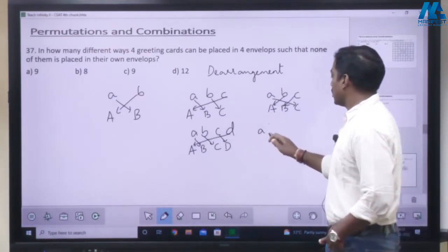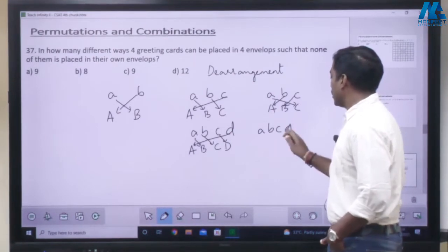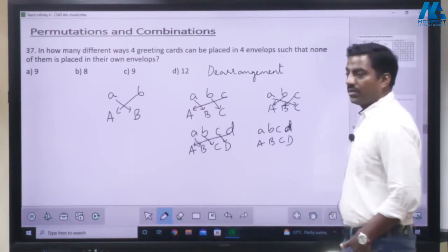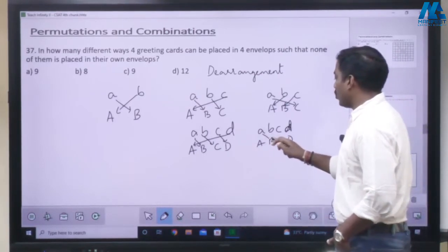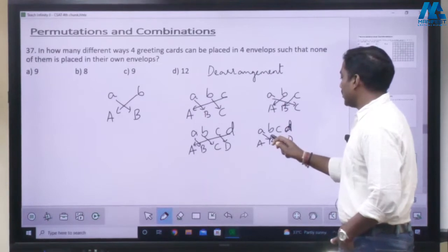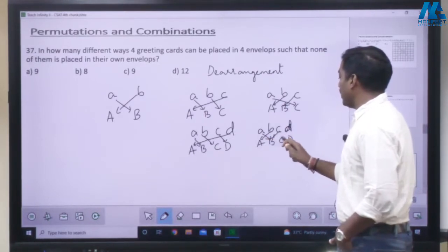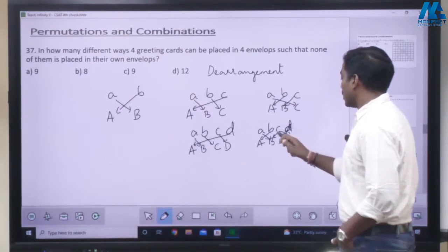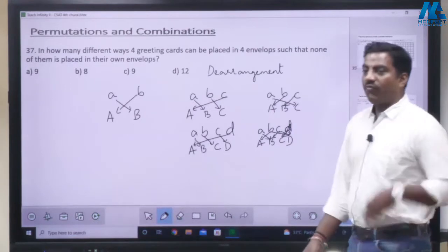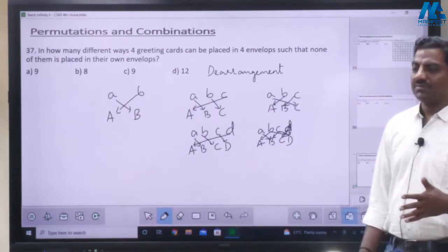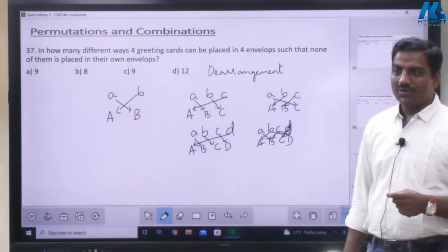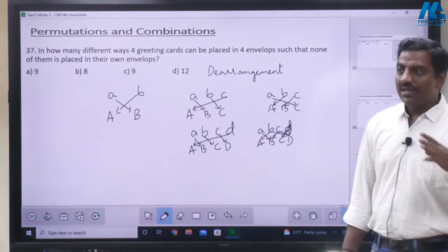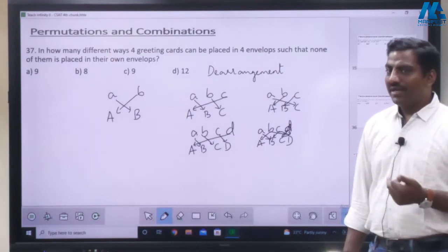Then A, B, C, D. Now, A will go to B, then B will go to A, C will go to D, D will go to C. From 4, it is very cumbersome. You cannot write it and execute. Up to 3 you can imagine. Beyond 3 it gets out of control.